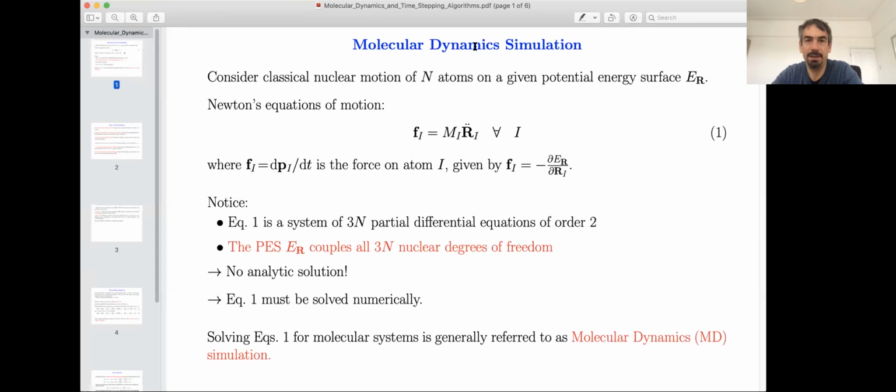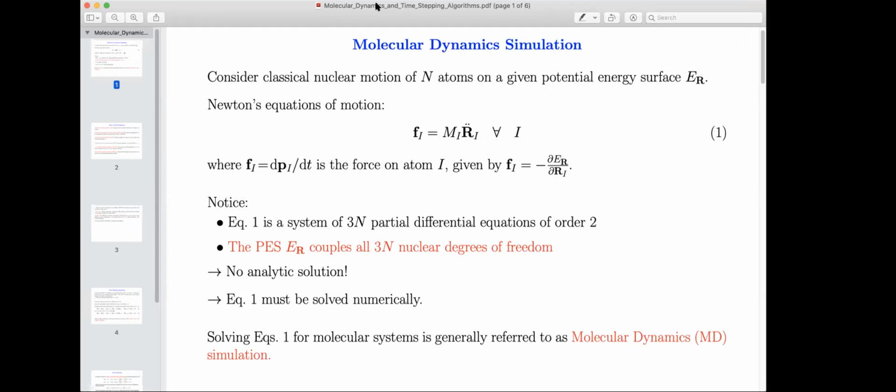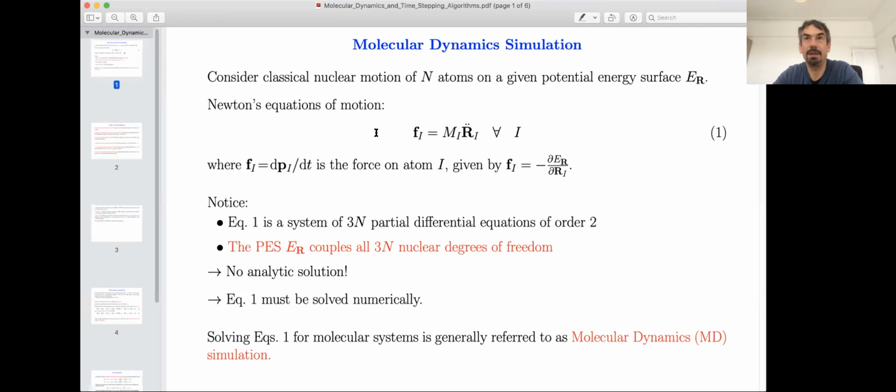Are there any burning questions with regard to MD simulation? Would you be able to explain what the difference actually is between DFT MD and ab initio MD? Okay.